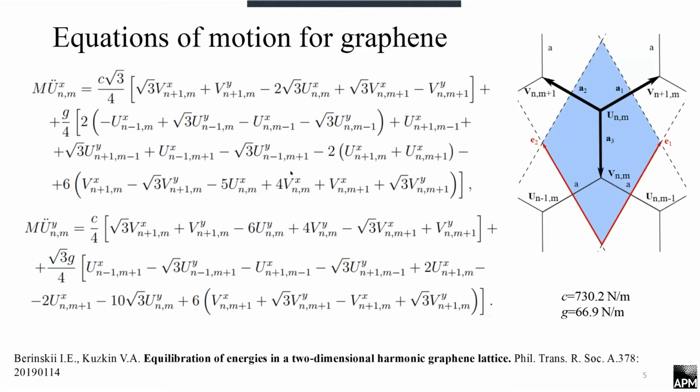So it was a continuation of this work, and we considered in-plane motion. So this is the equation of motion in vector form and in scalar form, for two atoms in the unit cell.